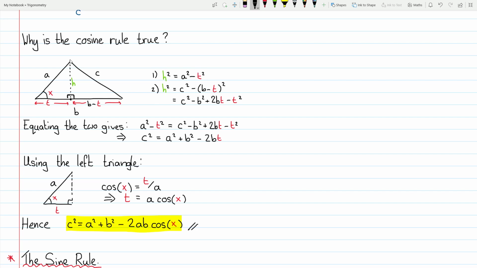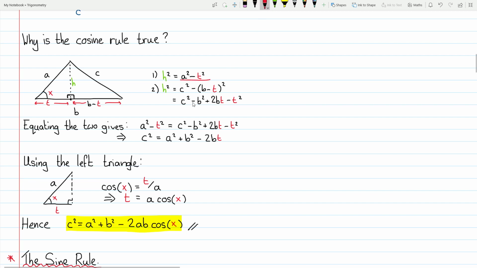And similarly, we can use the right triangle to find an expression for h squared. So again, I've used Pythagoras' theorem, but I've simplified a little bit. But again, either approach we take to find this altitude of the triangle, h, should give us the same value, so we can set them equal to one another, right? h squared in this way is equal to h squared.